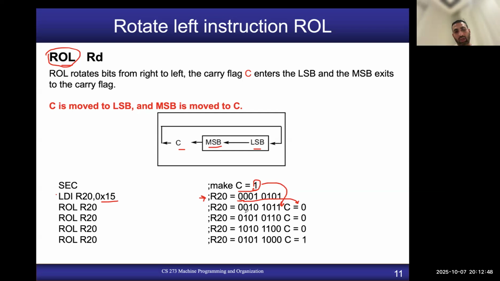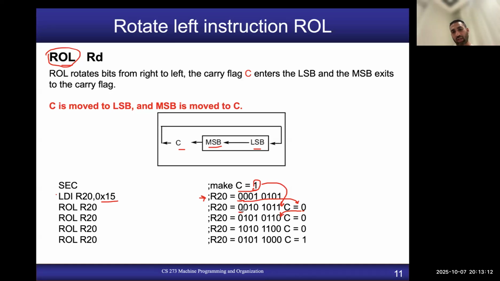Then when you say, okay, rotate on left once again, your carry will again move into the least significant bit position. So what was carry? This one here. And your most significant bit moves into the carry. The most significant bit was this one, 0, right?